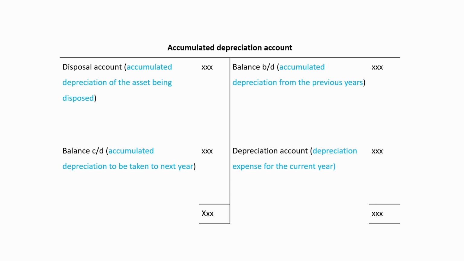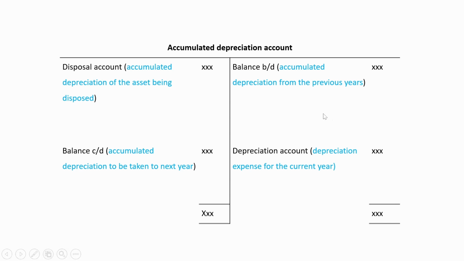At the beginning of the year, you bring the previous balance from the previous year and call it balance brought down, which is accumulated depreciation from the previous years. Before you even start calculating depreciation for this year, bring the previous balance. It is called balance brought down or balance brought forward.